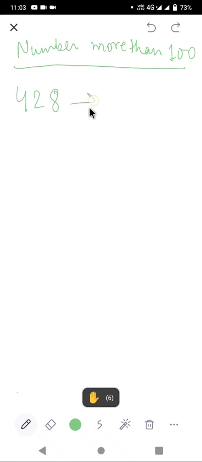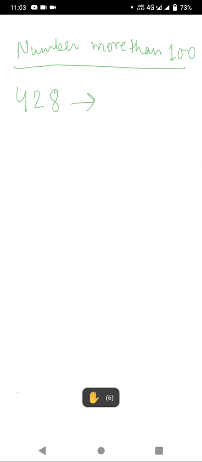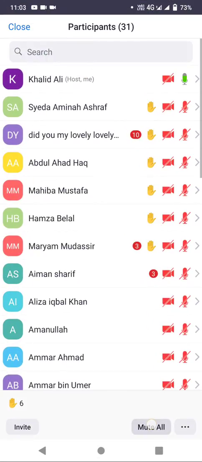Tell me students, 100 more than 428. To find out 100 more than, we just add 1 in the hundreds place digit. So tell me, what is 100 more than 428?